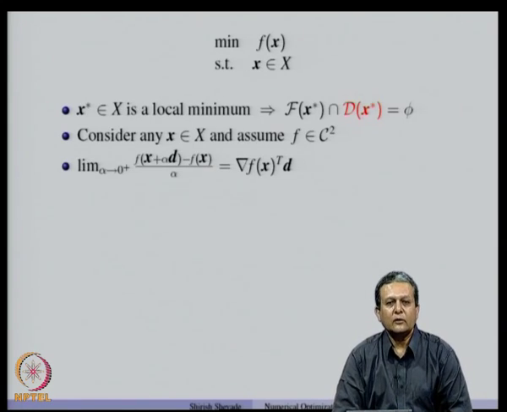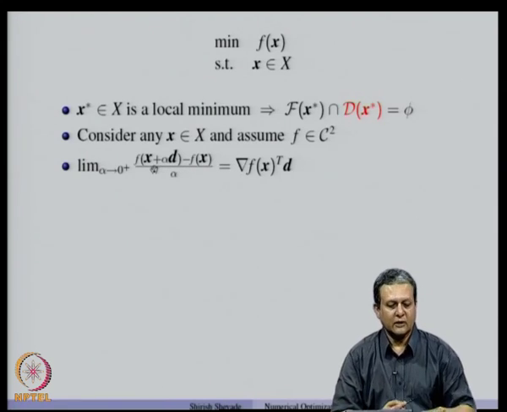Now, we already know by the definition of directional derivative that gradient f x transpose D is nothing but the limit as alpha tends to 0 from the positive side of f of x plus alpha D minus f x, divided by alpha. So, if this quantity is less than 0, then we can say that in a sufficiently small neighborhood of x where alpha is greater than 0, this numerator will be less than 0.